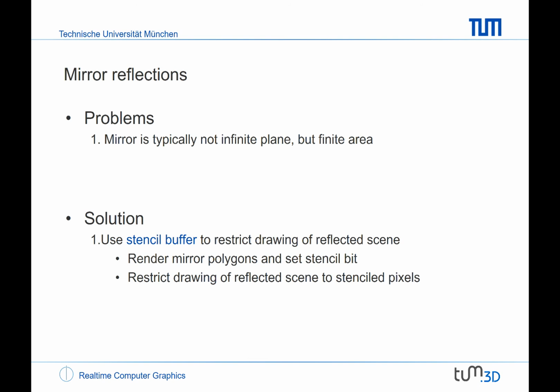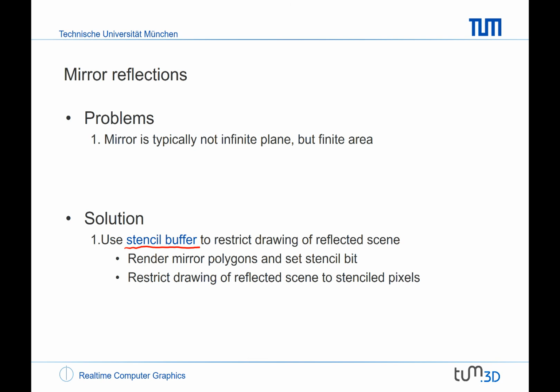And we can do this by using another buffer type, which is provided by the rasterization-based graphics pipeline. That's a so-called stencil buffer. And we will see that by using the stencil buffer, we can essentially restrict drawing of fragments into certain pixels.